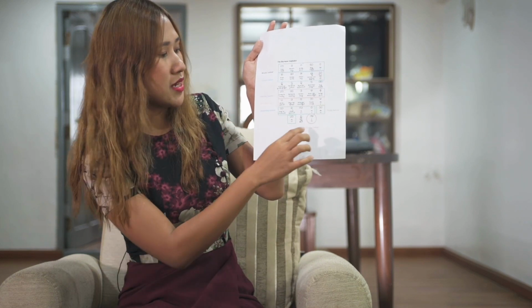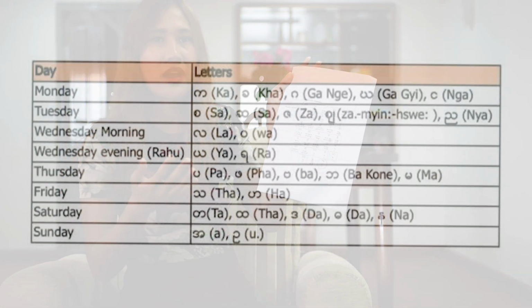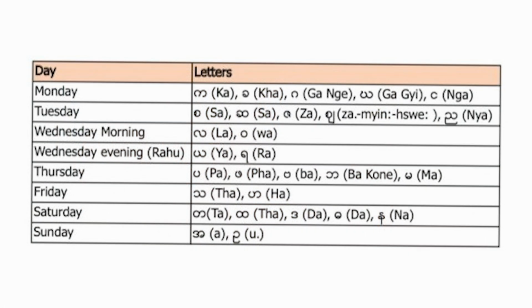So I am a Sunday baby, I am Sunday born. Gojo will start with Ka, right? So Gojo will be Monday born. Only in Burmese does our name start depending on the day of the week we were born, and it always depends on the alphabet.